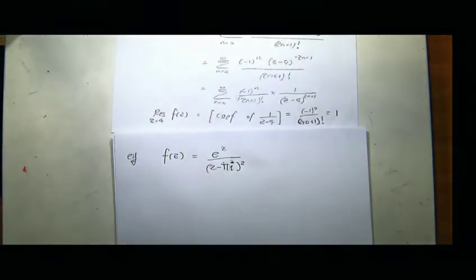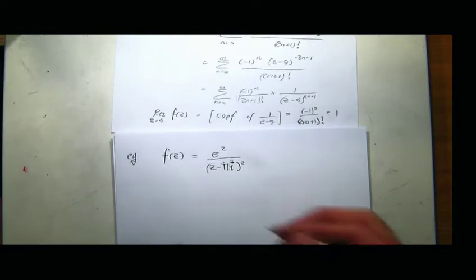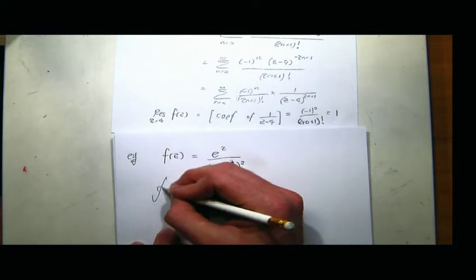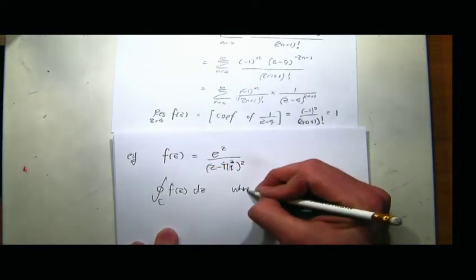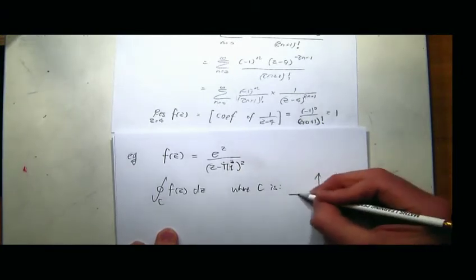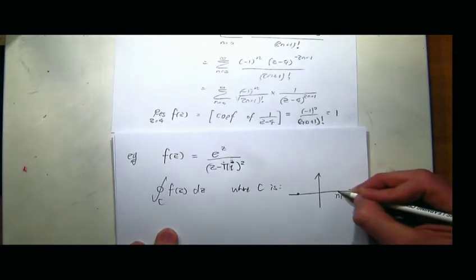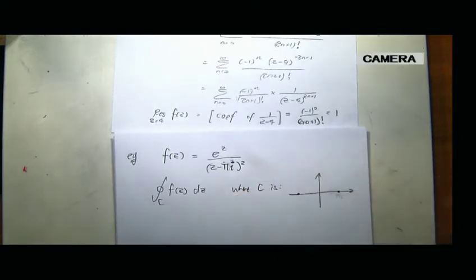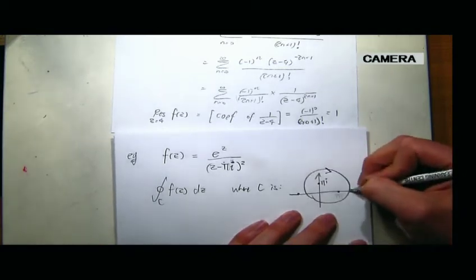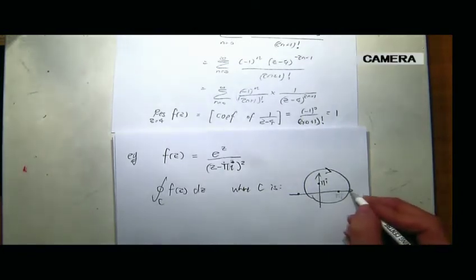Okay, e to the z over z minus pi I squared. That'll work nice, I reckon. So let me attempt to integrate this. That's my pi I. Okay.